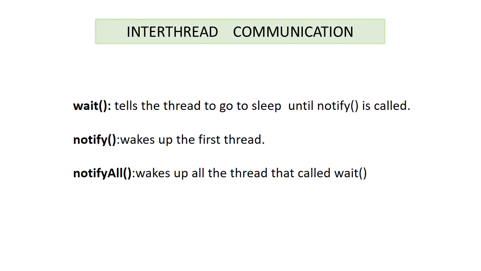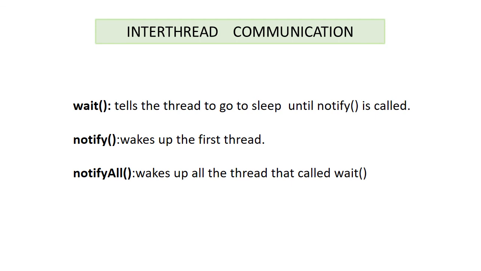First, wait. The wait method tells the calling thread to give up the monitor and go to sleep until some other thread enters the same monitor and calls notify. Second is the notify method. The notify method wakes up the first thread that called wait on the same object.